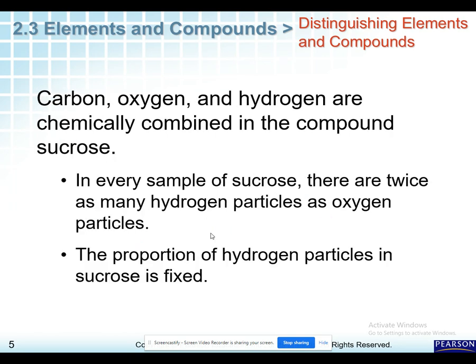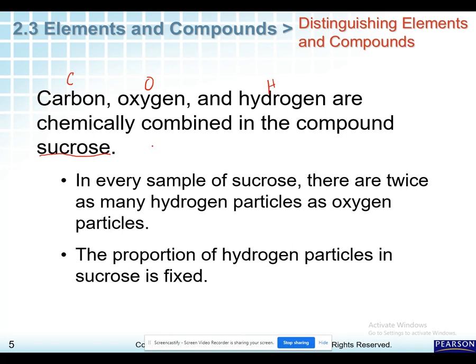Here's an example to talk through fixed. Carbon, oxygen, and hydrogen are all elements. You can find them on the periodic table. Carbon's represented by C, oxygen's represented by an O, and hydrogen by an H. These chemically combine to make a compound known as sucrose, or table sugar.